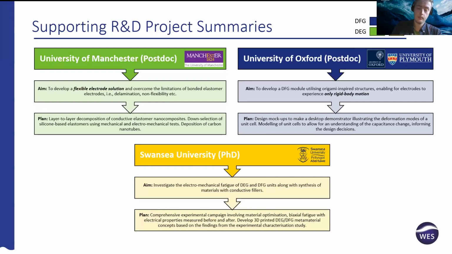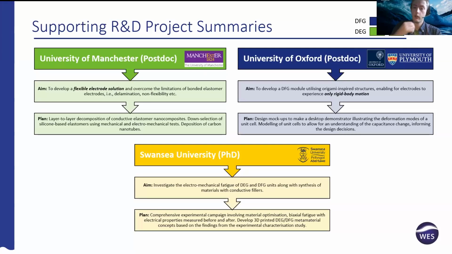With the Manchester project, they're looking at overcoming some of those problems with a more homogeneous conductive elastomer nanocomposite, where there's less mismatch between the materials and the electrode is essentially stretchable. That started back in June.